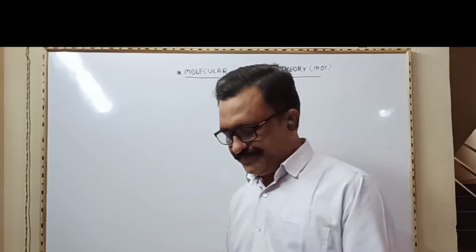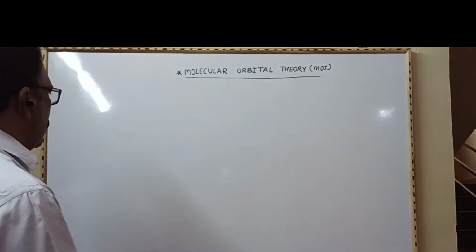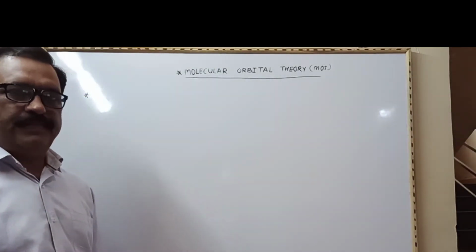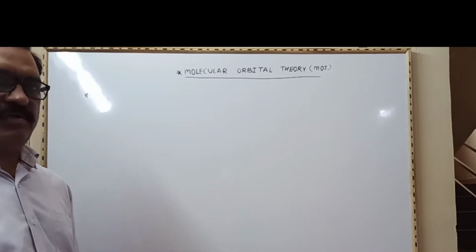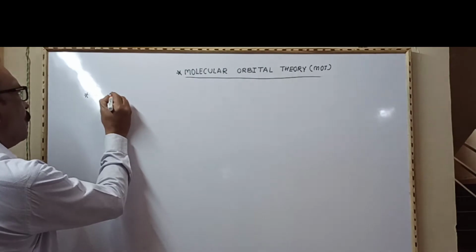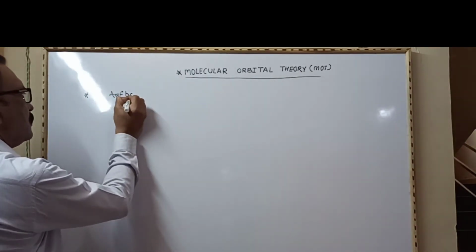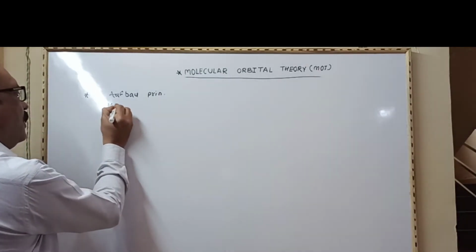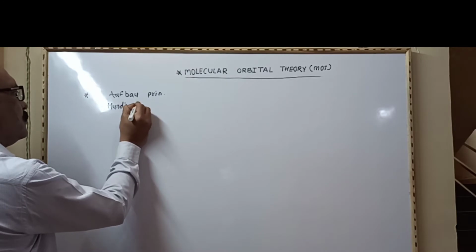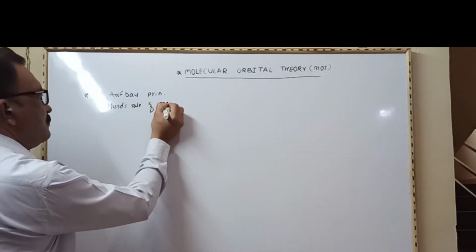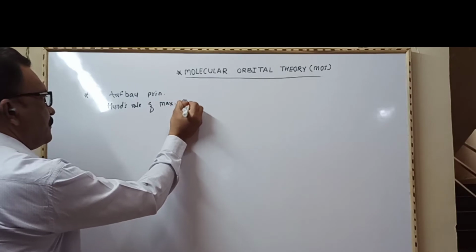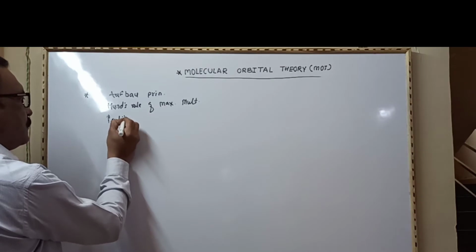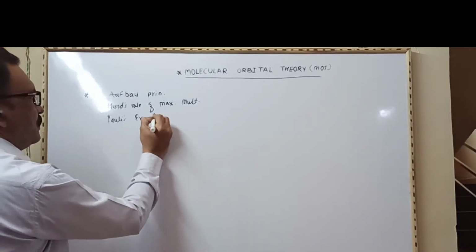So first of all, the laws which are applicable for the electronic configuration of an element are the Aufbau principle, Hund's rule of maximum multiplicity and Pauli's exclusion principle.